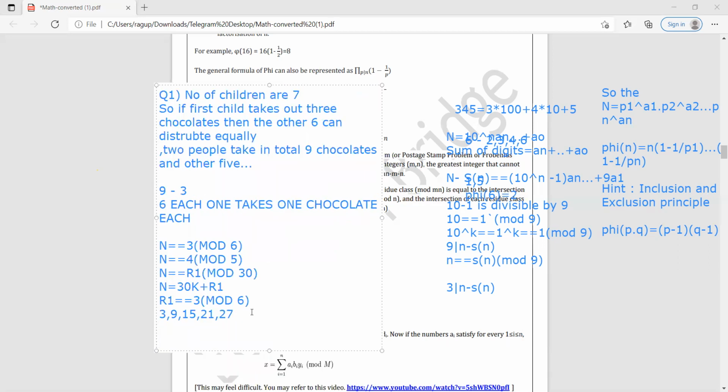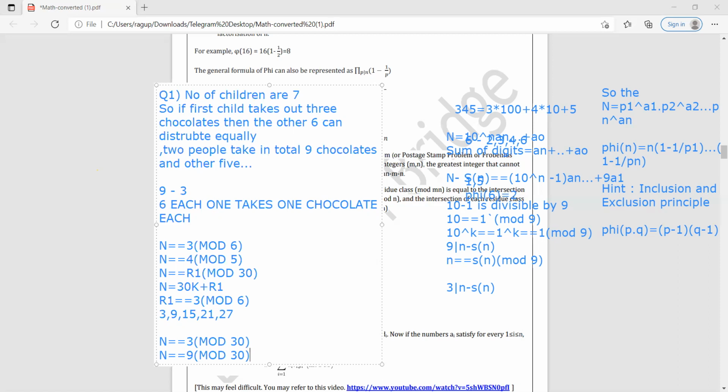So if n is equal to 3 mod 30, we see that it leaves a remainder 3 on division by 5. So this case is rejected. Now if we check n is equal to 9 mod 30, that is 30k plus 9, let's check on mod 5. 5 into 6k, and 9 is 4 mod 5.